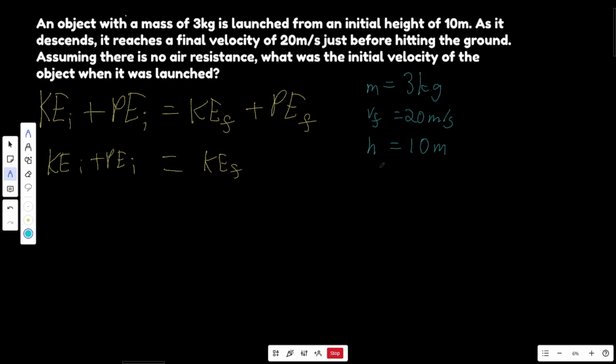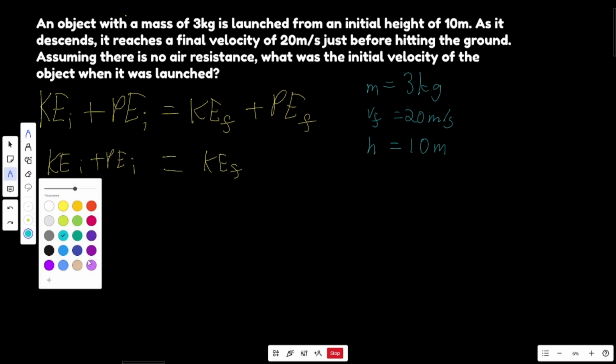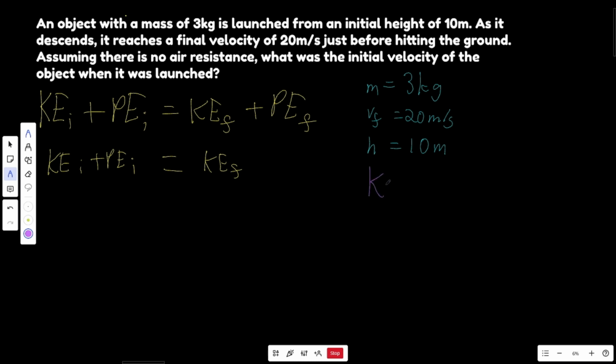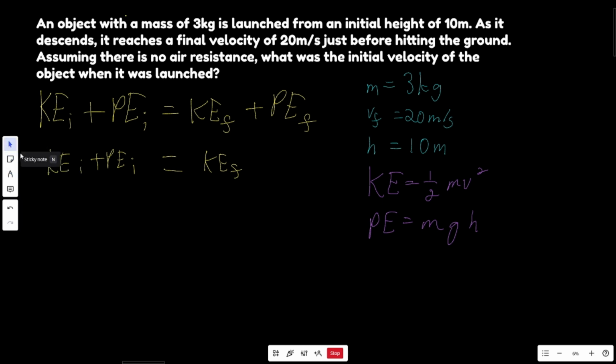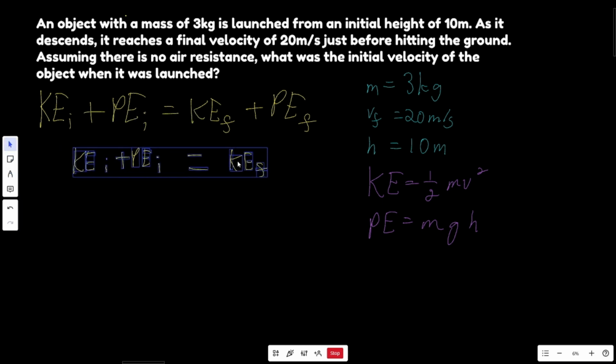And our formulas for KE and PE are, for KE it's 1/2 mv squared. And PE is equal to mgh. So from here, let's start trying to plug in our values.